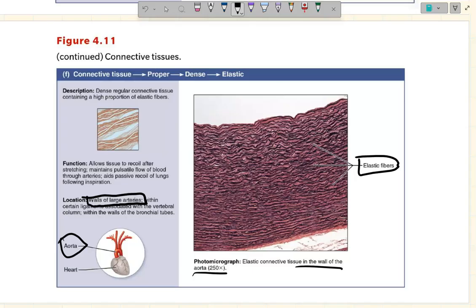So a lot of the blood vessels in our body need to have this elastic property where they can stretch when they fill with blood, but then they can recoil back to their regular size when blood is being pushed through them. So they have this elastic property to stretch and recoil. And what gives them that ability is the high amount of elastic connective tissue in the walls of their vessels.